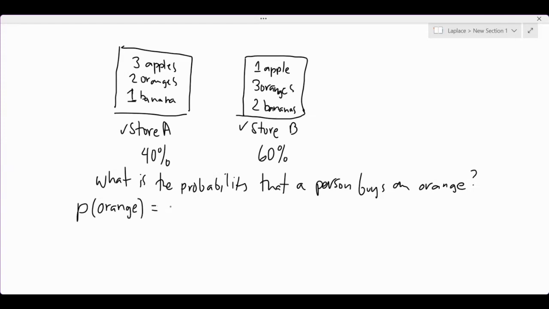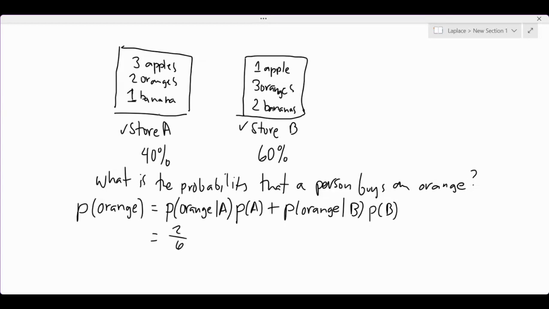By the law of total probability, this is equal to the probability of buying an orange from Store A multiplied with the probability of buying from Store A, plus the probability of buying an orange from Store B multiplied with the probability of buying from Store B. Now, the probability of buying an orange from Store A would be equal to 2 over 6 because there are 2 oranges out of a total of 6 fruits.